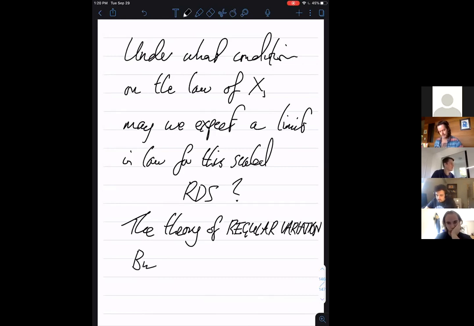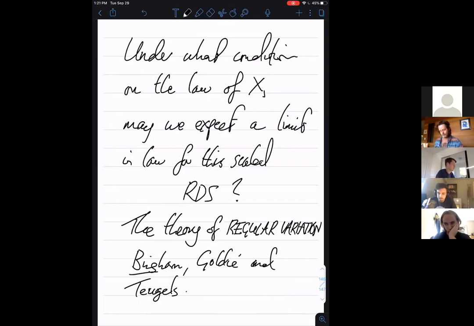I have managed to get hold of it electronically, and I can make available at least the relevant chapters. Bingham, Goldie, and Teugels wrote a lengthy text called Regular Variation. So I suggest that we begin by reviewing some ideas from this.